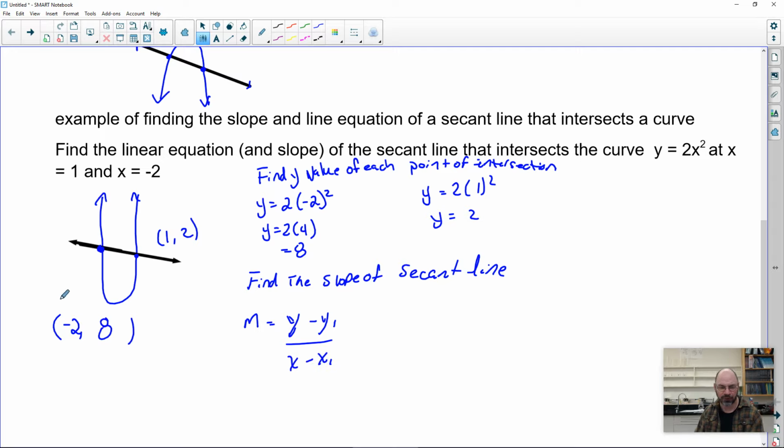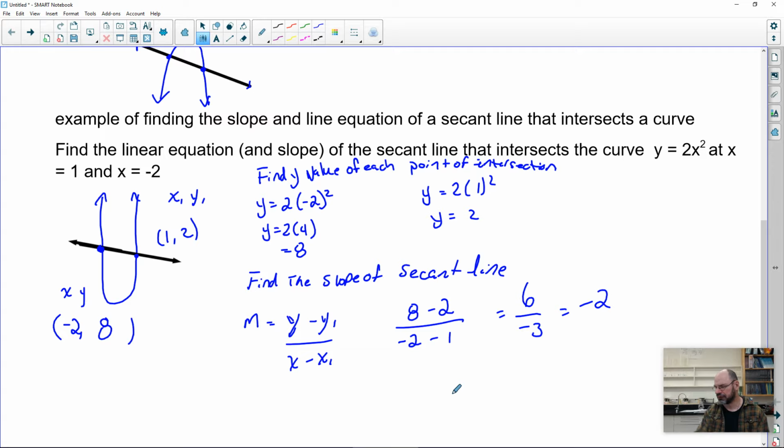Let's call this one x1, y1, and this will be x, y for now. So go ahead, put in 8 minus 2, and make sure that you're using the same x here. So this will be negative 2 minus 1. So we get 6 over negative 3, which equals negative 2.